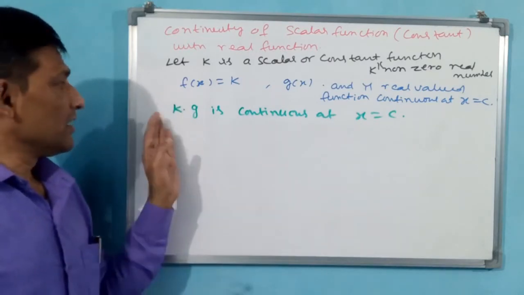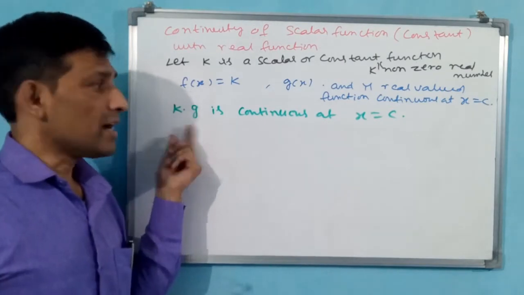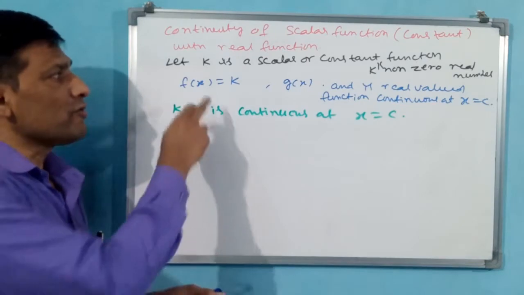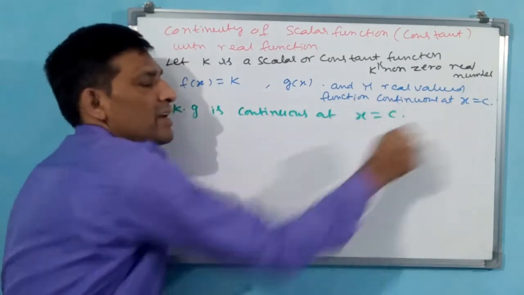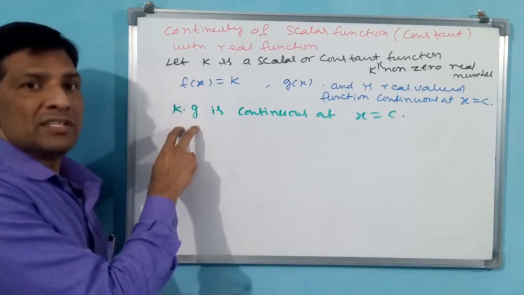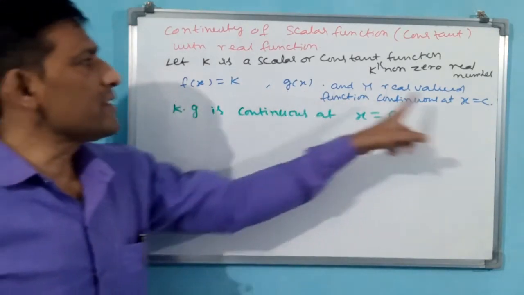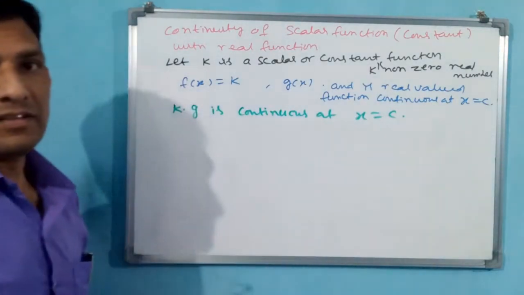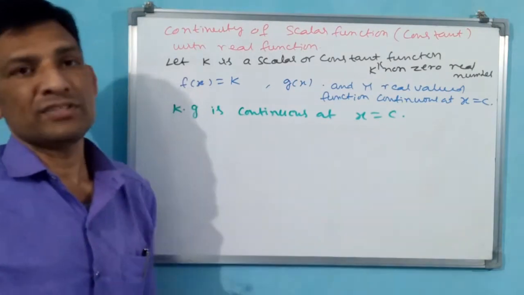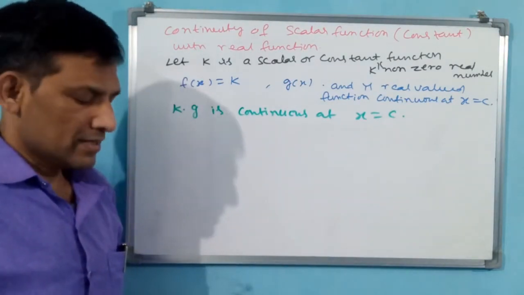Now kg is a third function, and kg is also continuous at x is equal to c. Why? Because individually k doesn't depend on c. But when you multiply with g, then this function depends on c again. Why? Because g depends on c. G is continuous at c only. Therefore, kg is also continuous at c only. That you have to understand.